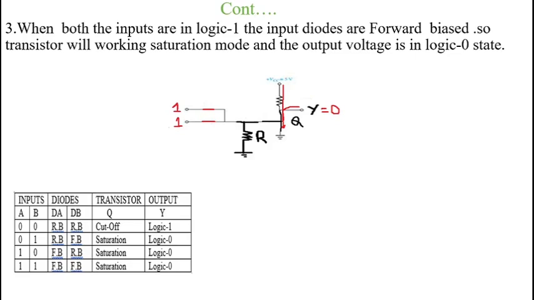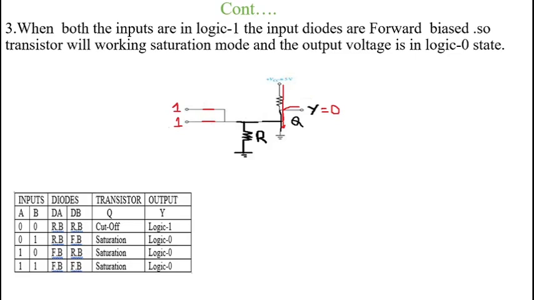Another possible combination is A equal to 1 and B equal to 0. At that time, diode DA is in forward bias condition and diode DB is in reverse bias condition. Therefore, the transistor Q is operating in saturation mode, and we get the output Y equal to logic 0.